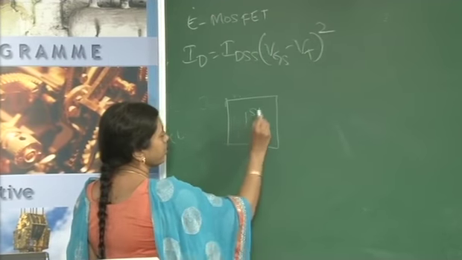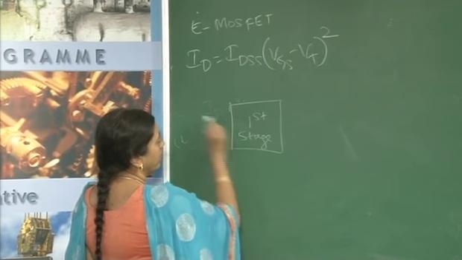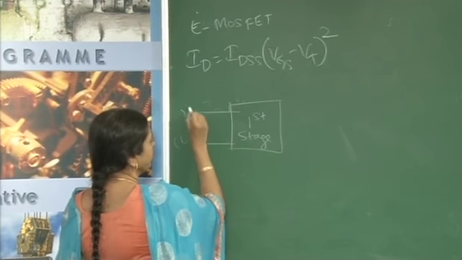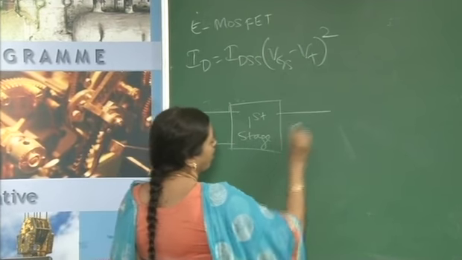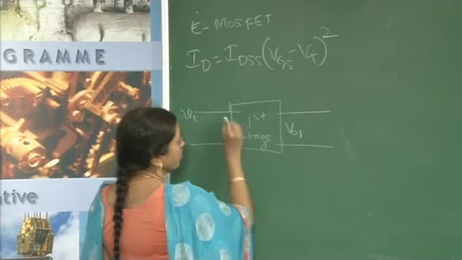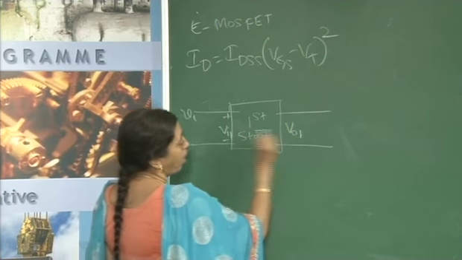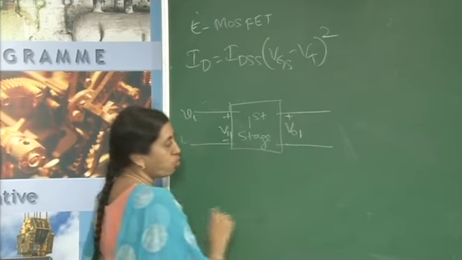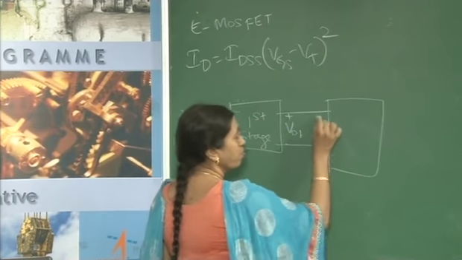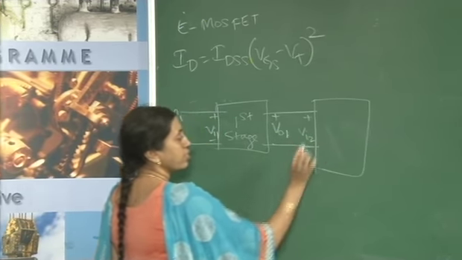So, this is the first stage. Input is applied to the first stage, then the output of the first stage, let me call it VO1, is applied as input to the second stage.